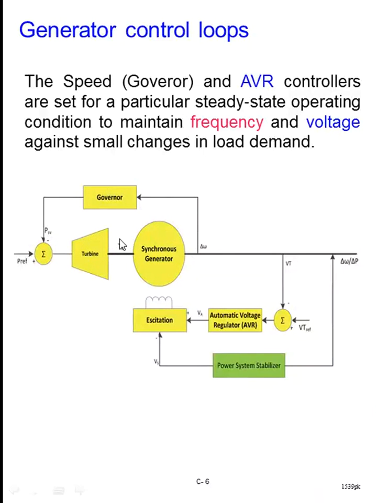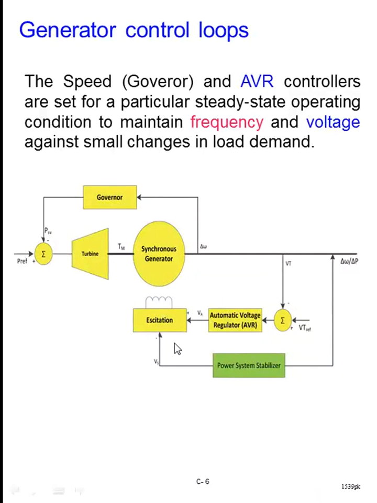Then for the generator excitation control, as you can see, there is an AVR here. So we have the measurement of terminal voltage from the generator, given as feedback through the AVR, and that will control the excitation.